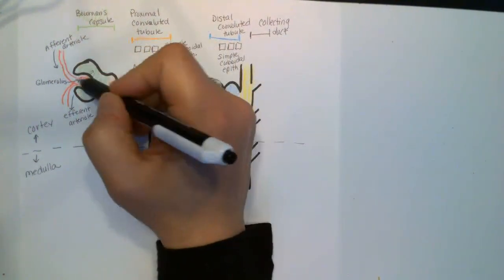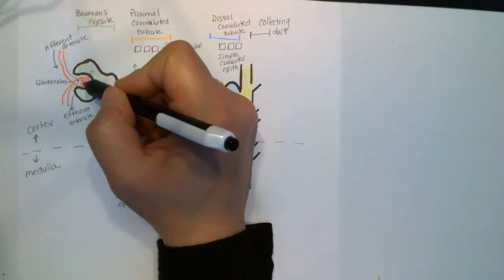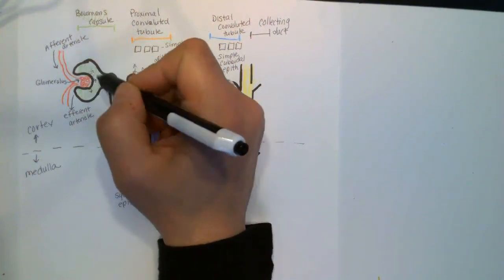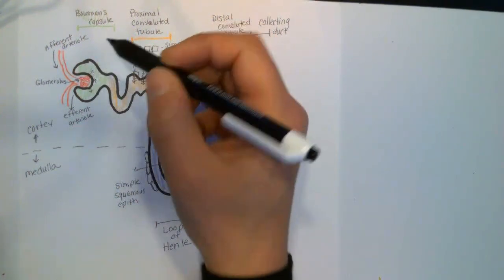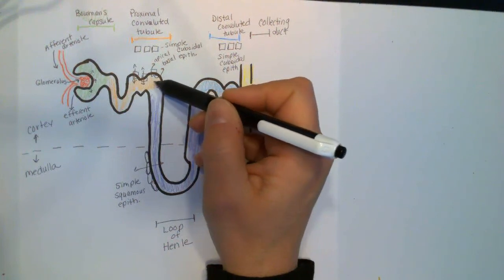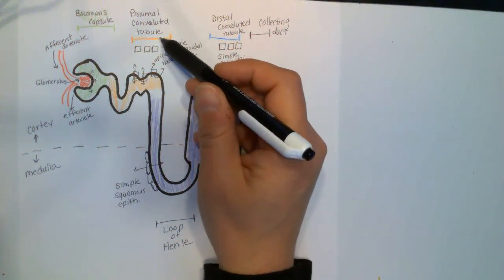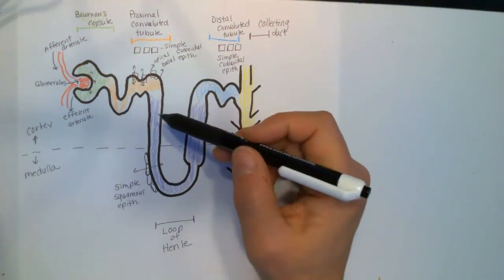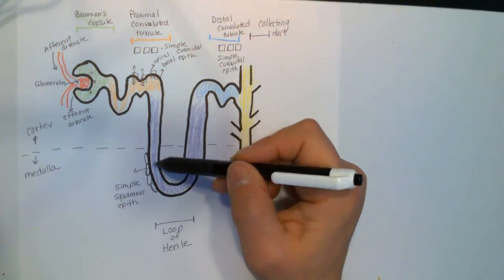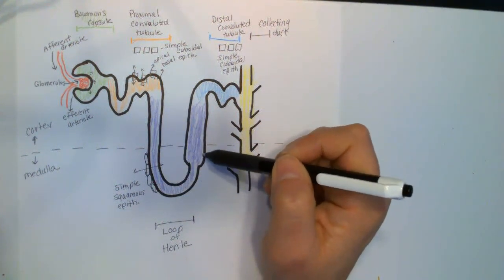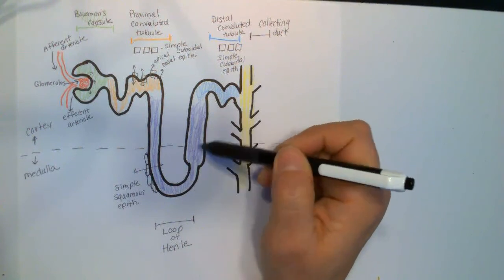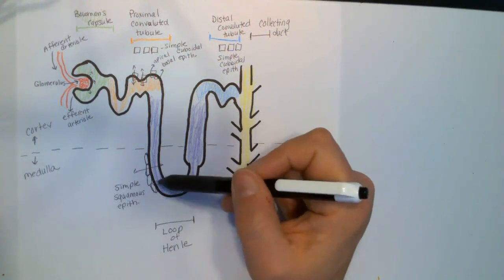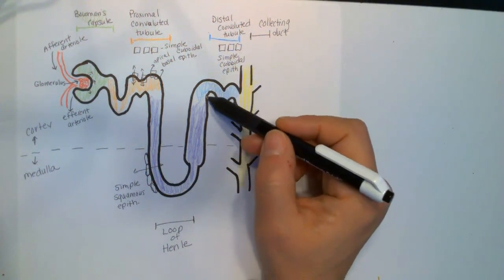So we have the glomerulus, which is this group of capillaries that are housed within a structure called the Bowman's capsule. It then turns into this twisted loop that's called the proximal convoluted tubule. Those tubes will eventually loop down into the medulla in a structure called the Loop of Henle, which is made of simple squamous epithelial, and then come back up.